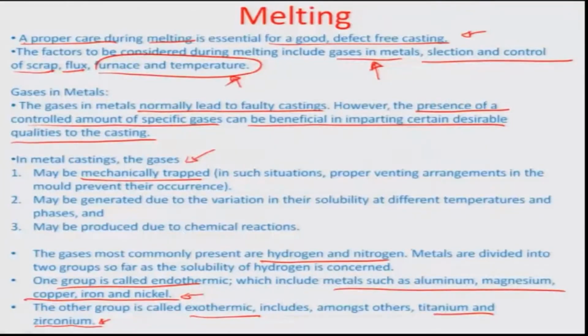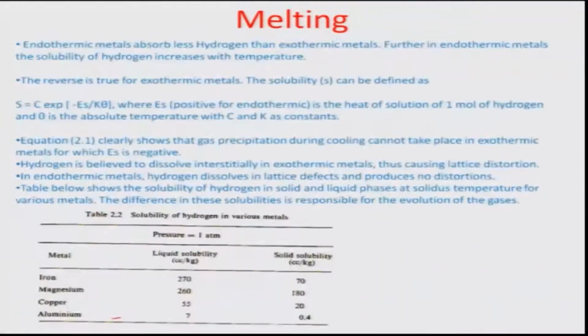Okay. And as far as metals are divided, as I told you, for the solubility of hydrogen you can divide them into an endothermic and an exothermic category. The only difference here is that if you look at the solubility equation, S is related to some constant C times exponential of minus Es by k theta.